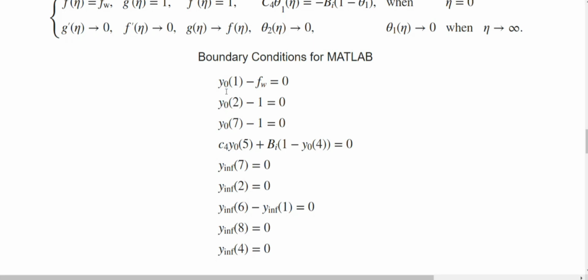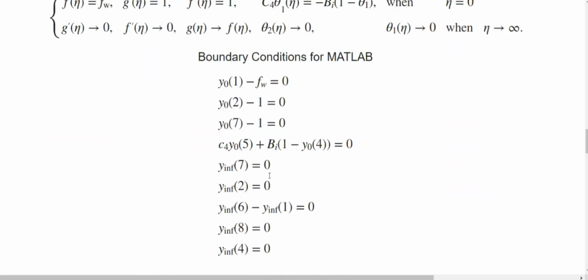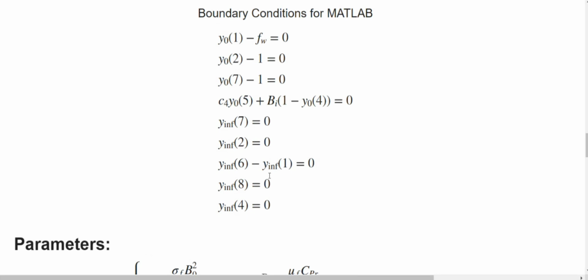And as you can see, we have 1, 2, 3, 4, 5, 6, 7, 8, 9. There are 9 boundary conditions, and we have to omit one boundary condition, so that the number of first order ODEs is equal to the number of boundary conditions.